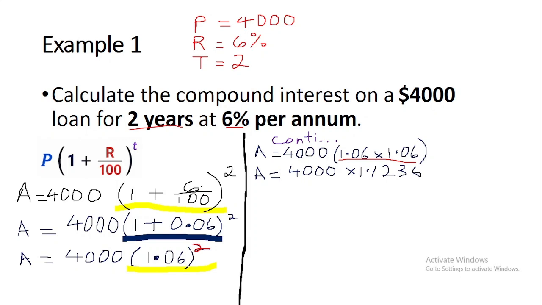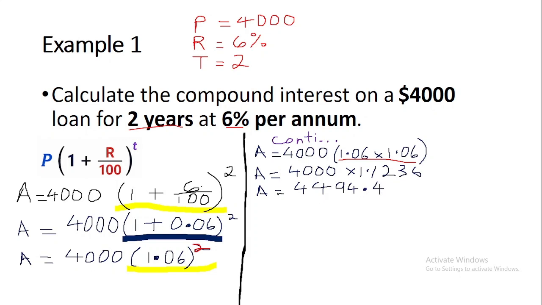So after we have that right there, we know that that's equal to that. We just multiply that by 4,000 to finish it off. So after multiplying by 4,000, we're gonna have the total amount be equal to 4,494.4, right?